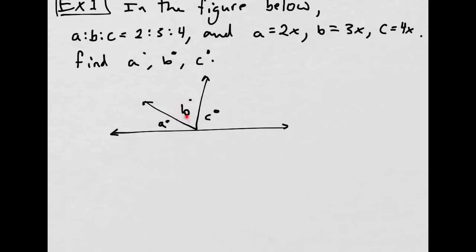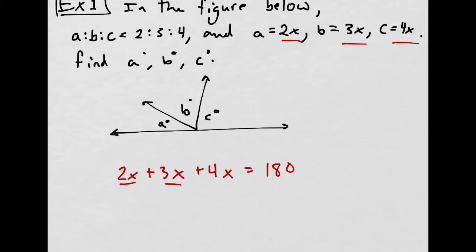So A plus B plus C has to equal 180. So that's pretty easy. All we do is we have A plus B plus C. Actually, I'm going to write it with 2x, 3x, and 4x. 2x plus 3x plus 4x, because that's what all 3 of those are, has to equal 180.